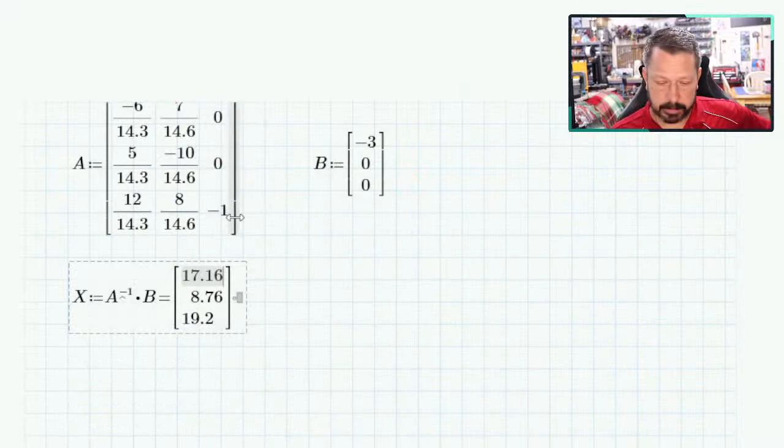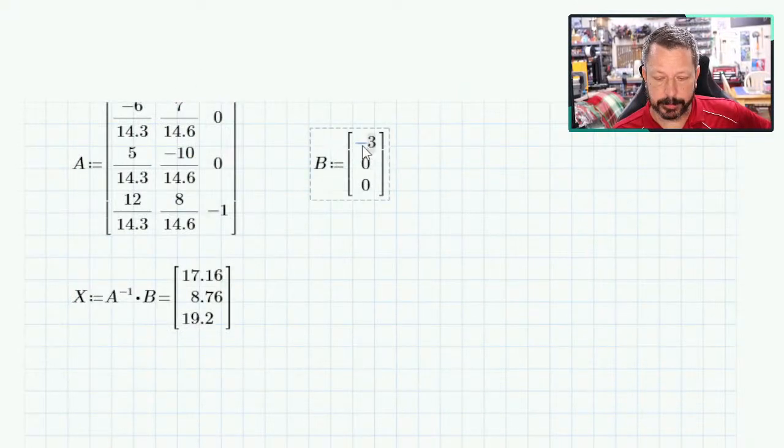When we actually set it up this way, we get these values. Again, there's my -3 drag force in here. The first one goes with the variable we put in the first column, T, the thrust. So it has 17.16 units of thrust. The second row is what we put in the second column, wind. There's an 8.8 unit wind force acting on the drone in that direction we drew earlier, up and to the left.